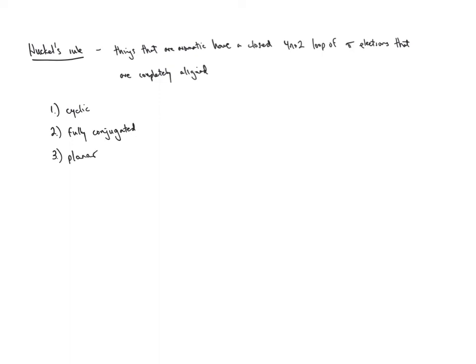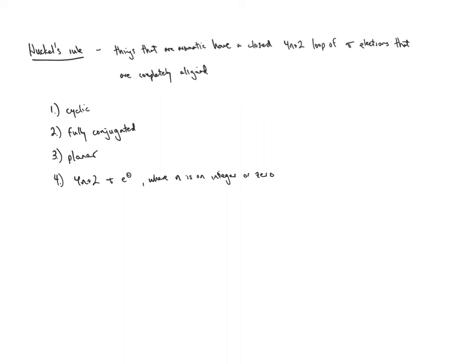The molecule must also be planar. In order to align the pi system properly, the molecules must be flat. And then finally, you have to have 4n plus 2 pi electrons in the system, where n is an integer, or it could be 0.